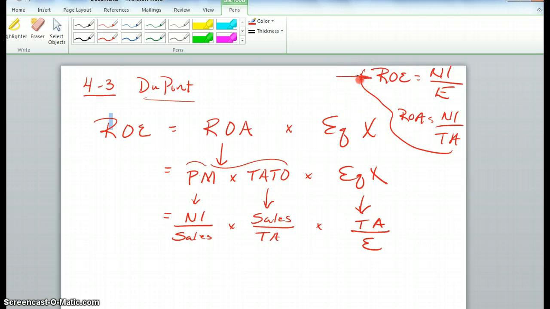Looking at return on equity, if we eliminate numerators and denominators that are the same, sales and total assets, we're left with net income over equity, which is another way to say return on equity. We can do the same thing with return on assets, which is profit margin times total asset turnover, by eliminating just sales, and you can see we have net income over total assets.